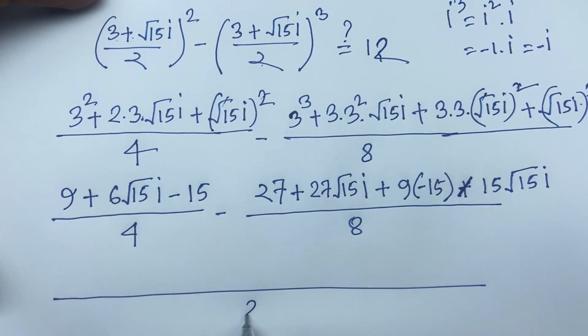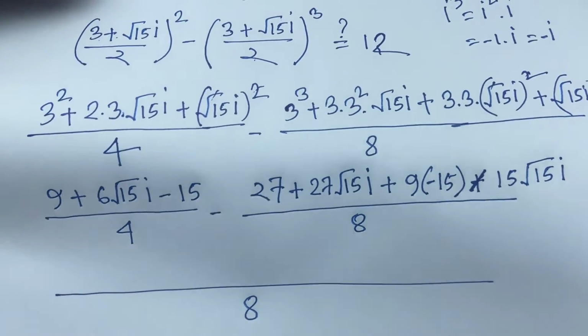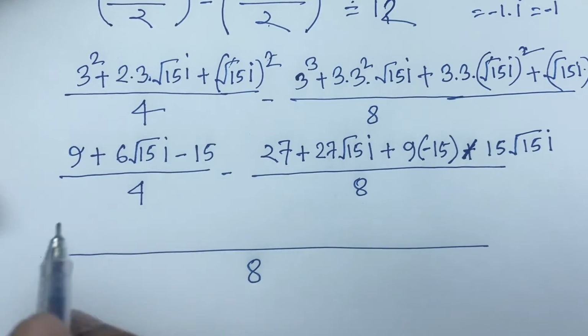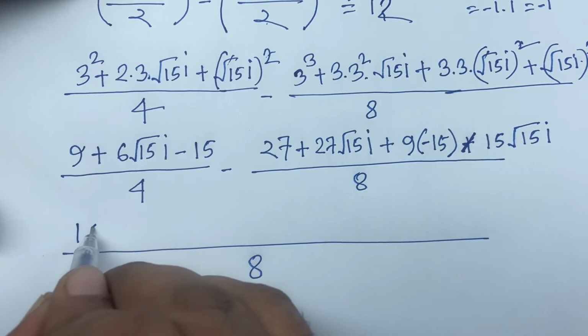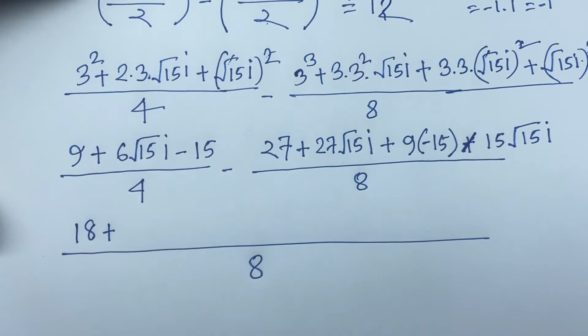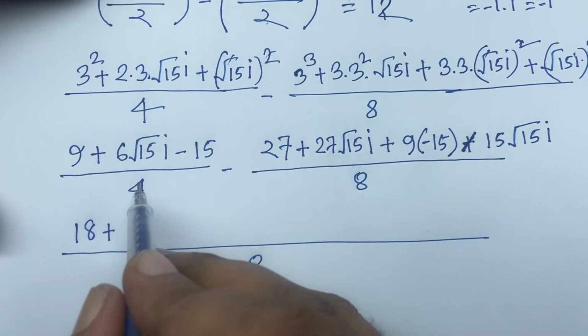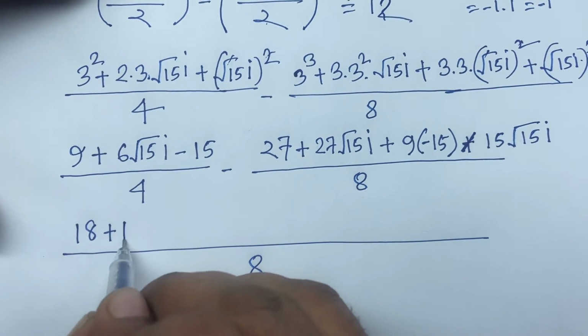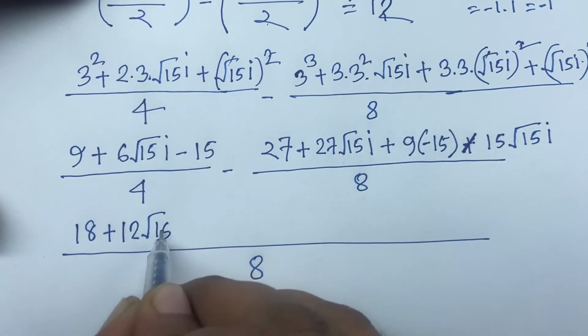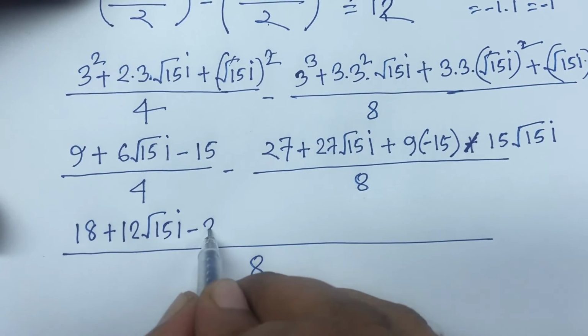So 8 divided by 4, it will be 2. So I can say 2 times 9, it will be 18 plus 2 times 6, it will be 12. 12 square root 15i, and 2 times 15 it will be 30.